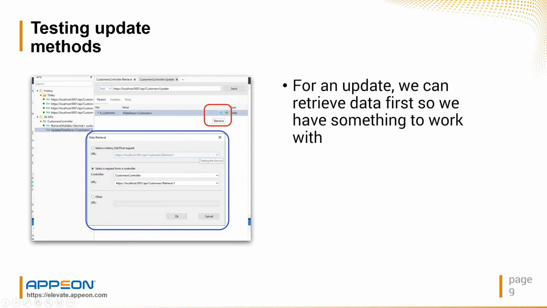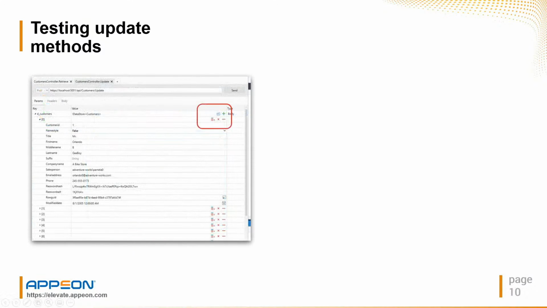So you click this little icon when I'm in the update method. You click this little icon right here, and you can give it a URL then for retrieving the data. And that way you've got something to work with.